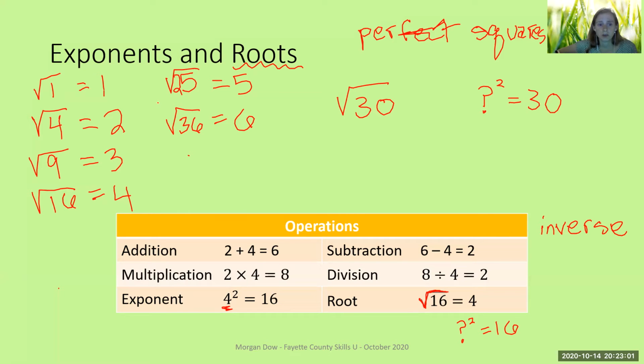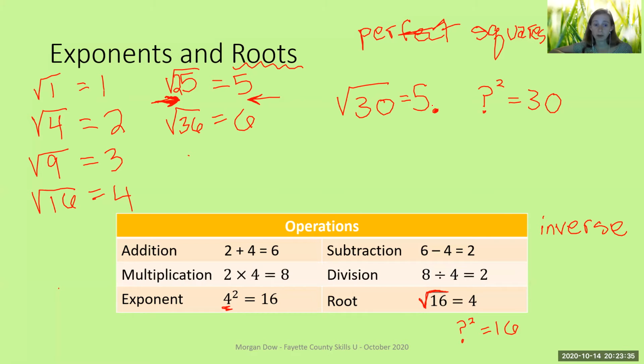So the square root of 30 would fit right in between these two square roots here. And so we'd expect the answer to be right in between 5 and 6. We're going to get a decimal answer. To get the exact square root of 30, even though we know it's going to be 5 point something, it's going to be 5 plus a little decimal amount. To get that exact amount, you would use your calculator.